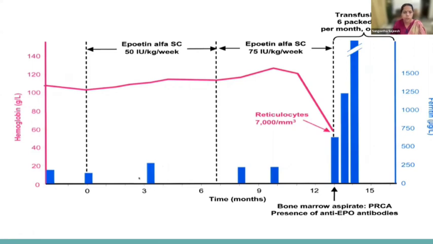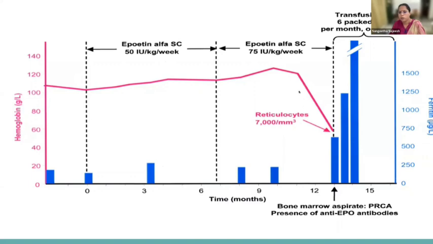Here the patient was initially on epoetin alpha, with hemoglobin maintained at around 11, and epoetin alpha subcutaneous 50 IU per kg per week was continued. After 6 months the hemoglobin remained the same, and then the dose was increased from 50 to 75 IU per kg per week.